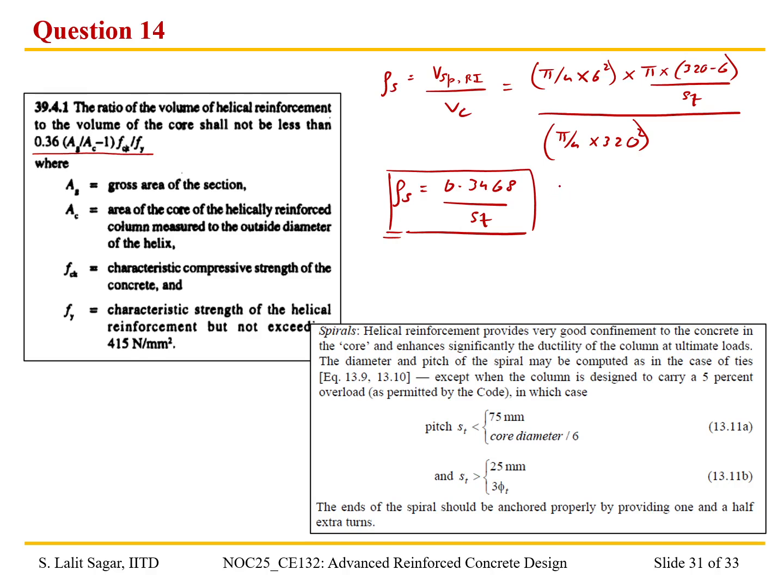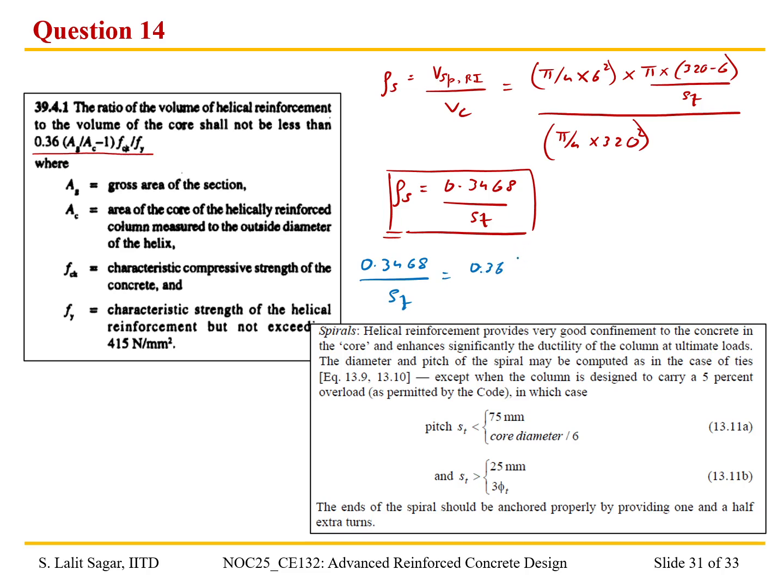Now let us start equating those two. I'm going to take a different color now. So we have 0.3468 divided by ST is equal to 0.36.